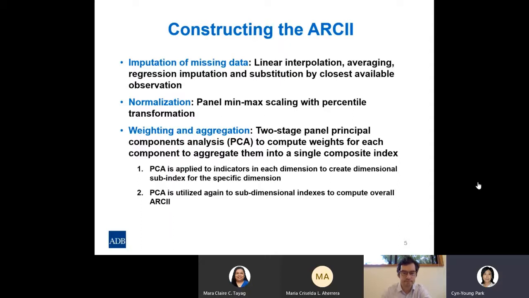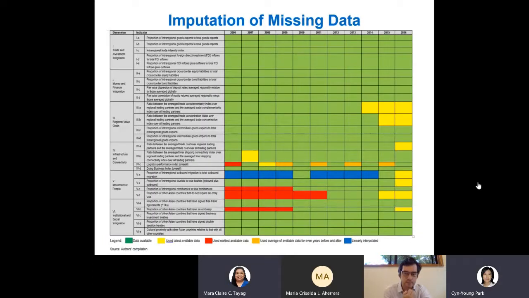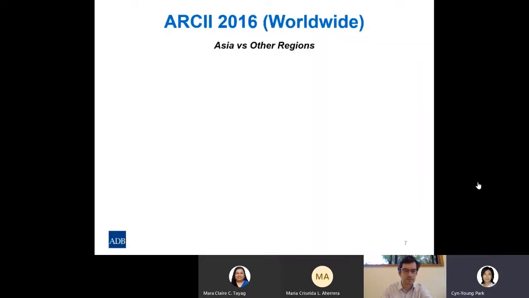And in the second stage, we compute the principal components again for the 6 dimensions to aggregate those 6 dimensional indexes into one single composite regional integration index. So this actually shows where the missing values were and how we used the imputation method to fill the gap in this database.